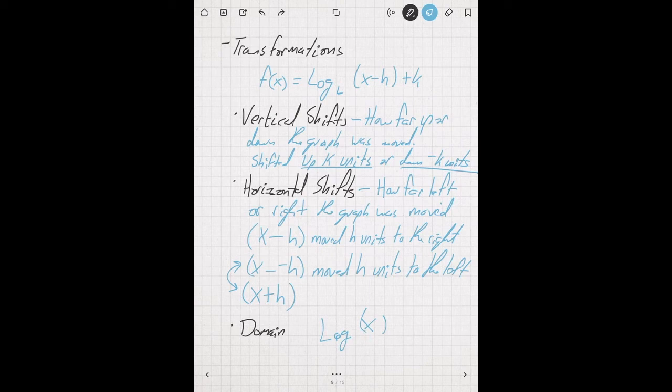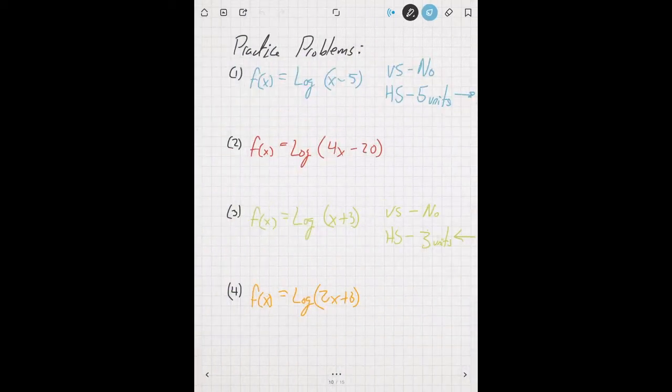If I don't write a base down there, if it's not written, it's implied that I mean base 10. That's usually what is done with the calculator and what the book does. If nothing's written there, if I just write the argument, you can expect there's like an imaginary 10 down there. So, for all of these, the base is a 10.